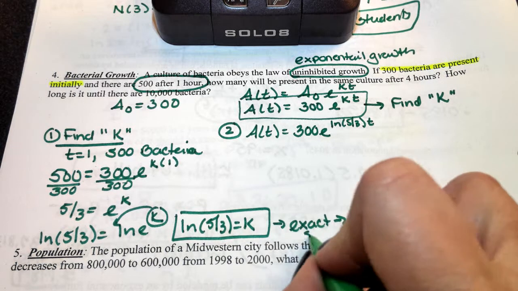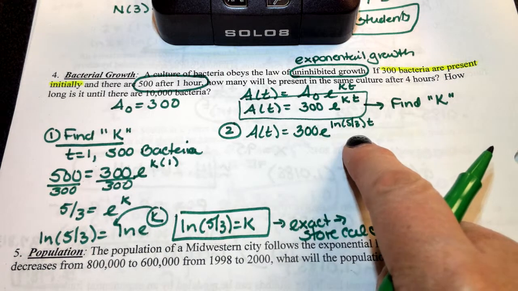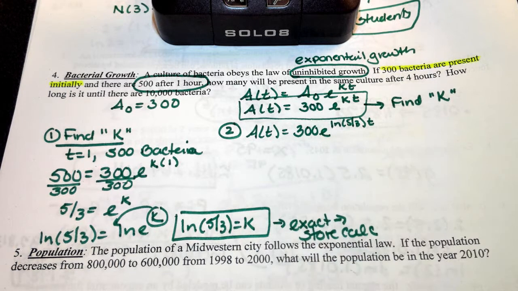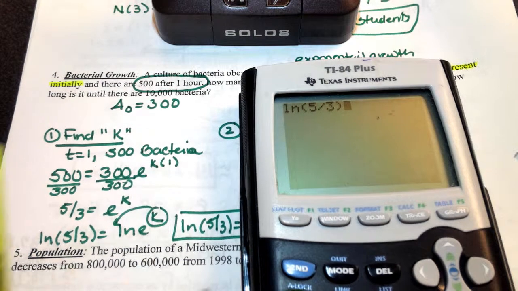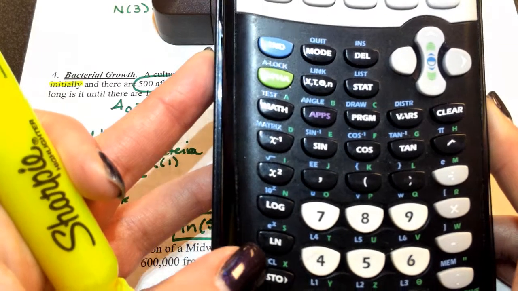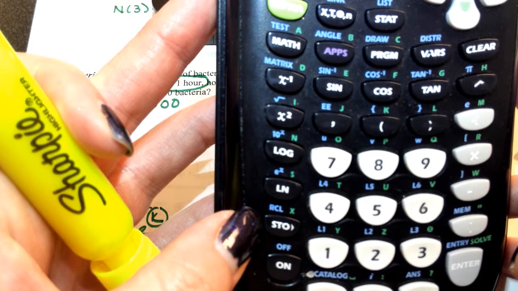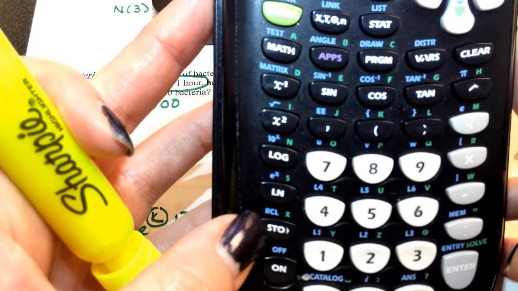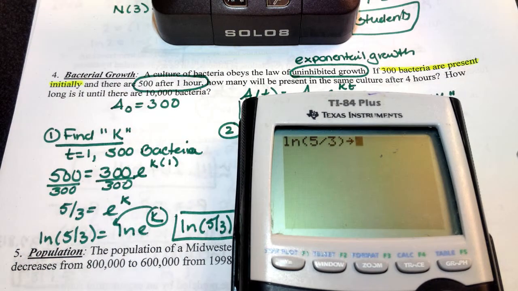Now, you can store this in your calculator so that you don't have to type in the natural log of 5/3 in your formula. On your calculator, if you type in the natural log of 5/3, there is a store button located right above the ON button. Notice it's that STO with an arrow. If you hit that, an arrow appears on your screen after the natural log of 5/3.